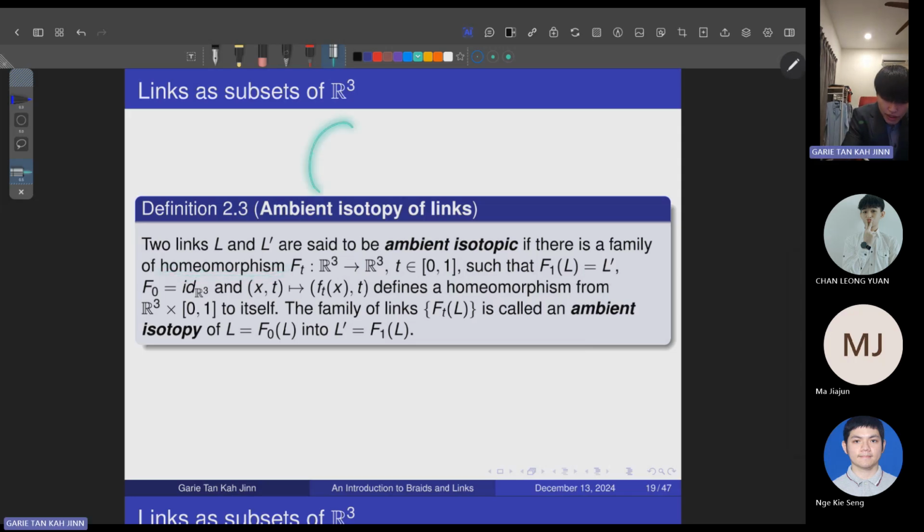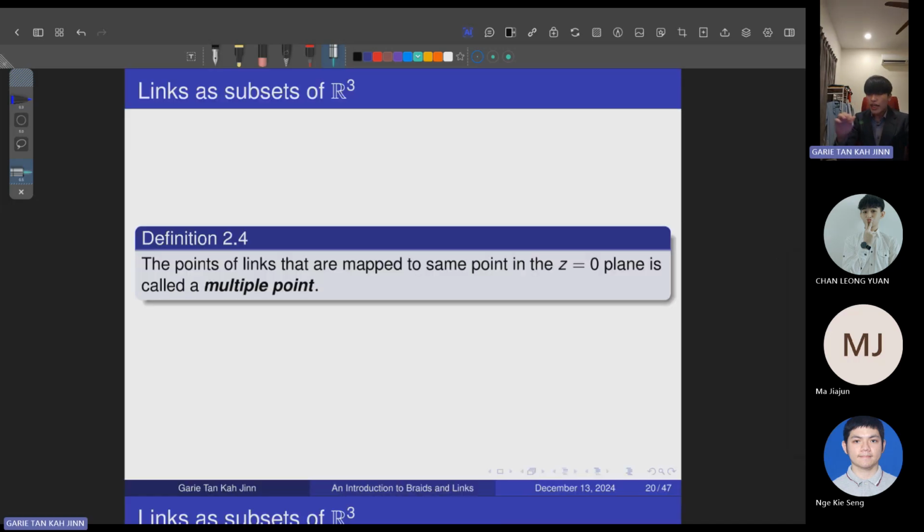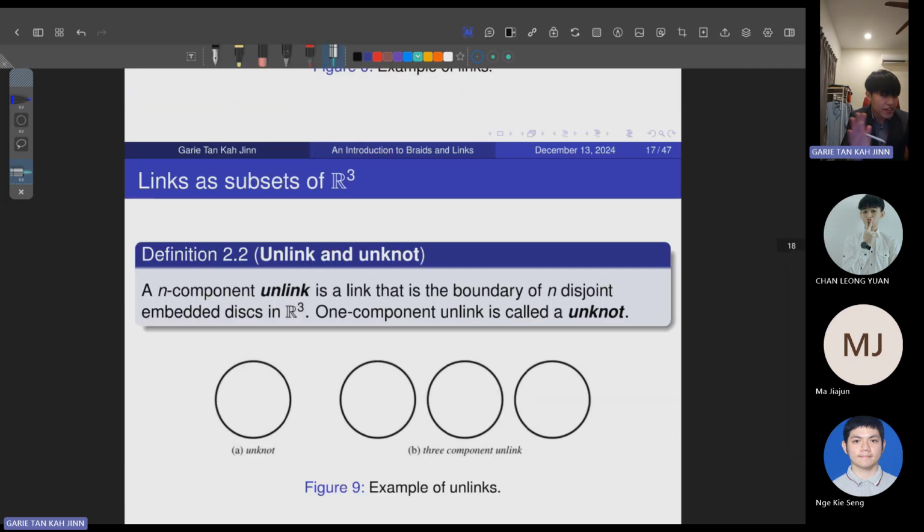For example, if I'm given a link like this, the ambient isotopic one will look something like this. These two are said to be ambient isotopic, which is similar to saying we treat the strand, the line, as having elasticity. Now I actually want to map this link diagram into a subset of R2, because previously those diagrams were in R2.